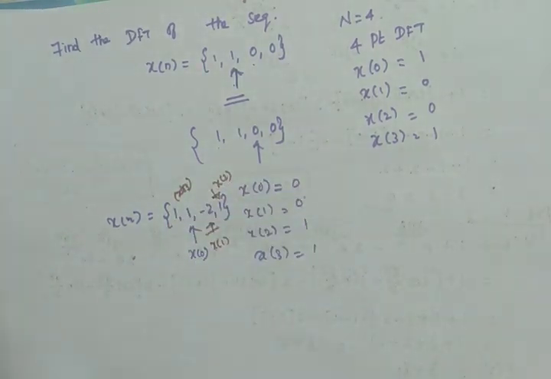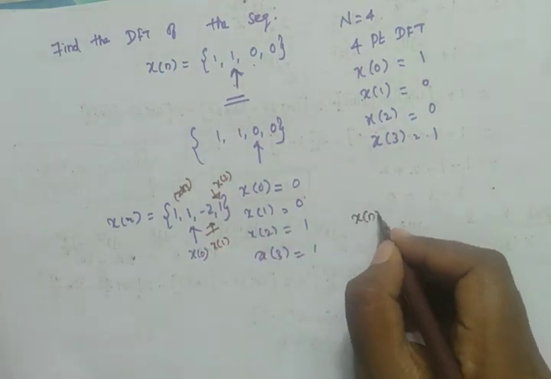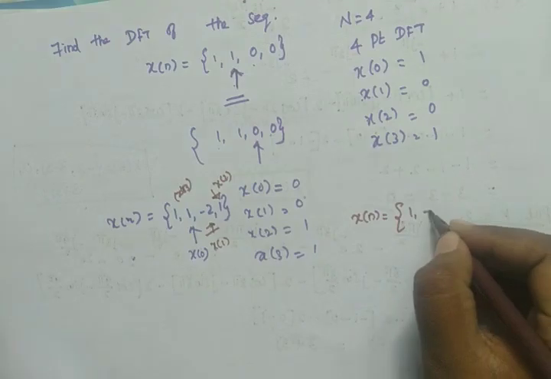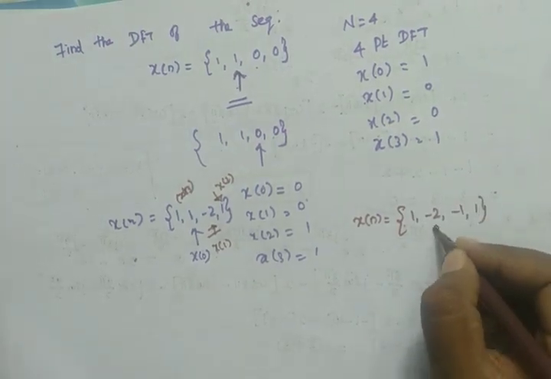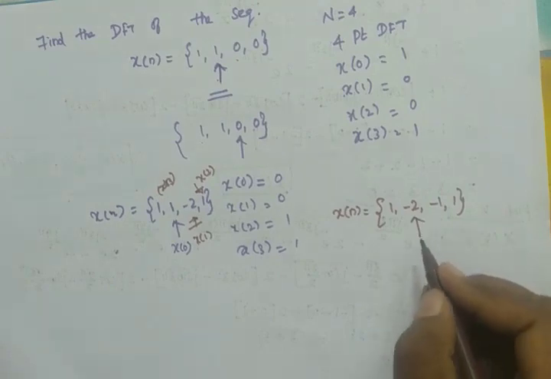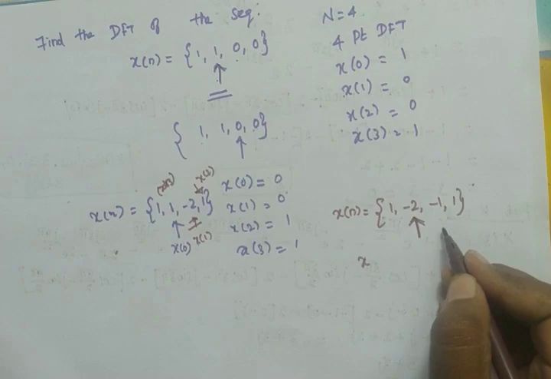So that is why, if we get a question like this based on this arrow mark, that is 1, minus 2, minus 1, 1, and if we have the arrow mark here, this indicates that you have to take this as the origin point. So this is a 4-point DFT.